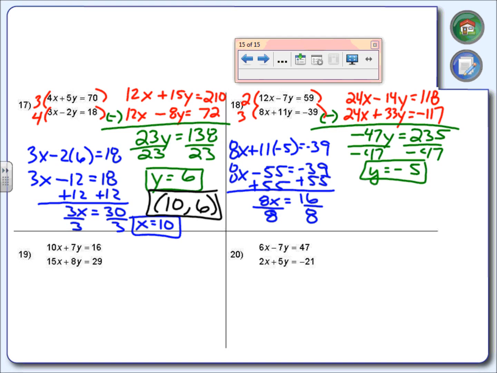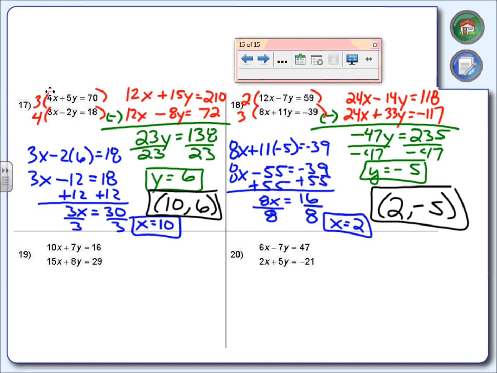Divide that 16 by 8. 16 divided by 8 is a 2. Of course, we're going to write it as an ordered pair, and that ordered pair is going to be 2, -5. So our solution in number 18 would be the ordered pair 2, -5. All right, we're going to go ahead and stop right there.